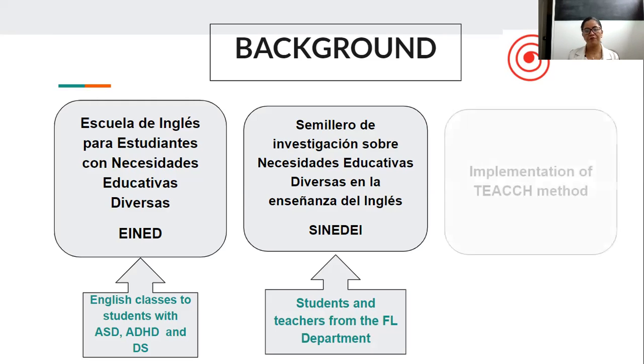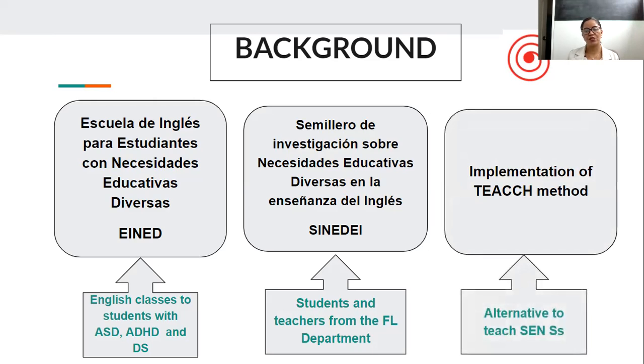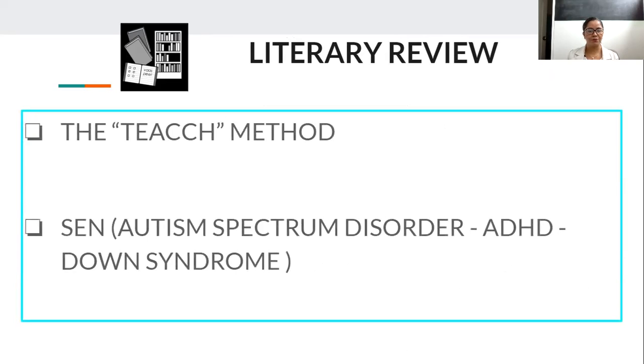And finally, I'm going to tell you about the implementation of a method called TEACCH as an alternative to teach English to students with special educational needs. So I think it is very important to start this literary review with the TEACCH method.